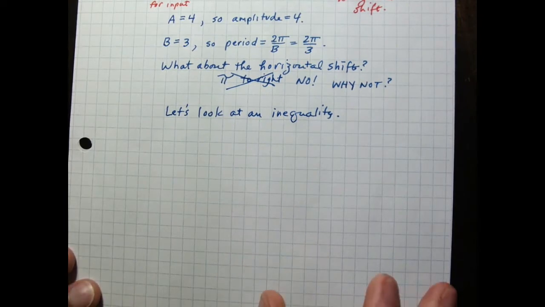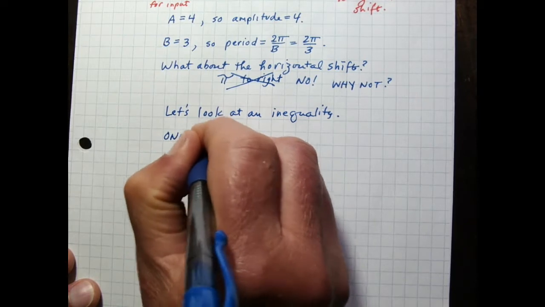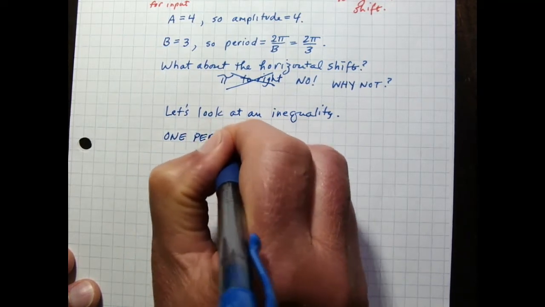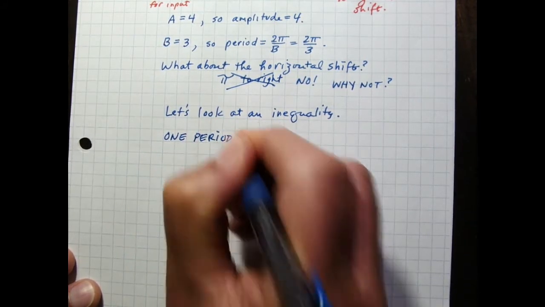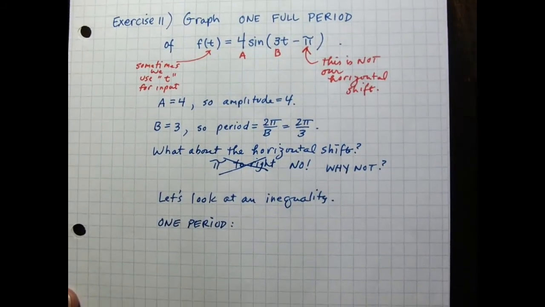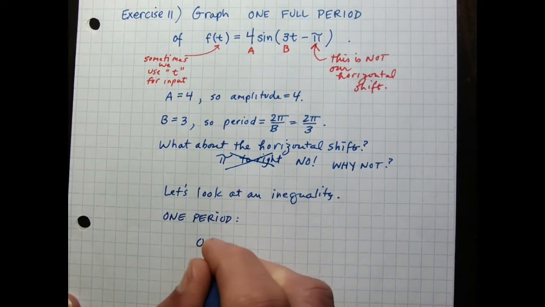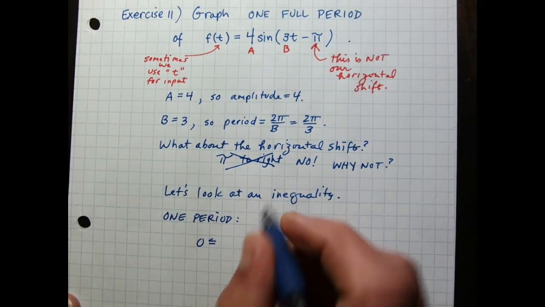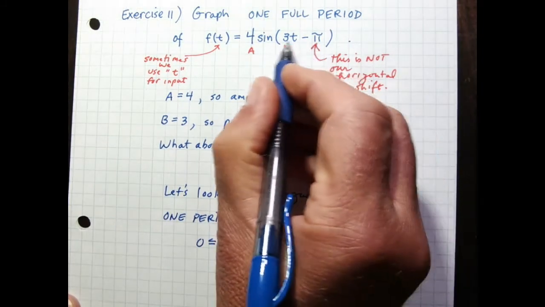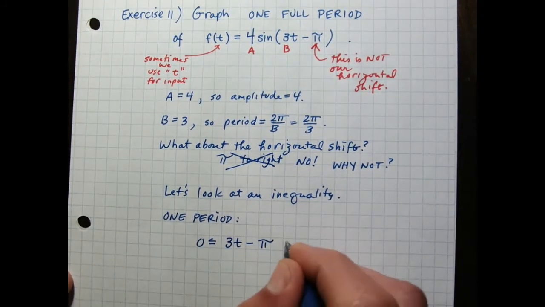What I want to do is look at just one period using an inequality. I want that expression for the function right here. What I'm going to do is, in between 0 and 2 pi, write that expression inside parentheses, 3t minus pi.